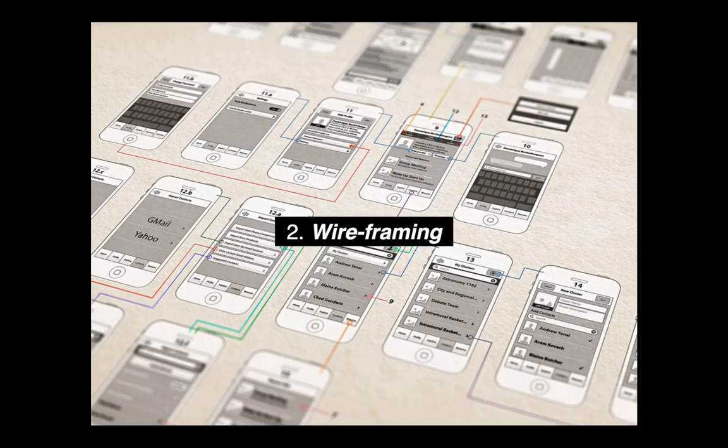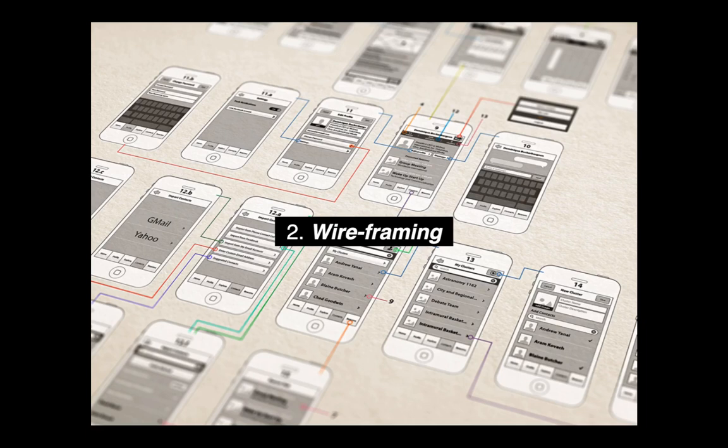Here we have an example of a digital wireframing. Once you've done basic drawings, you can go into Illustrator or Photoshop and create these little wireframe mockups. From there on, you can create links between buttons and navigational elements.